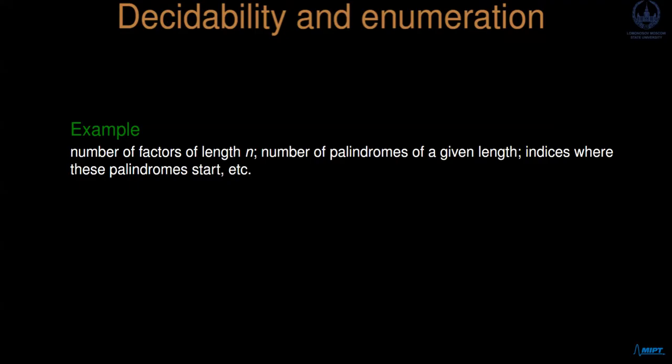Indices where palindromes start: we can also determine the exact positions in the sequence where these palindromes begin, providing further insight into the structure of the sequence. These examples demonstrate the types of properties that are decidable for K-automatic sequences and show how we can analyze their structure in detail.